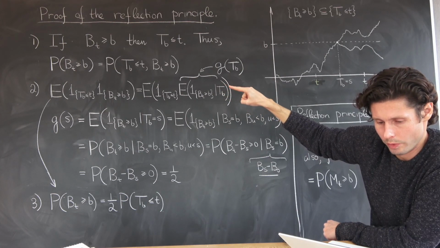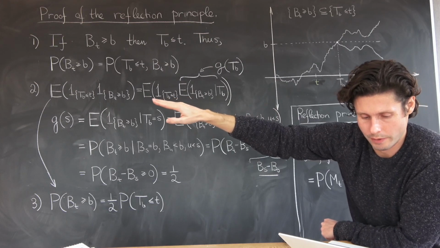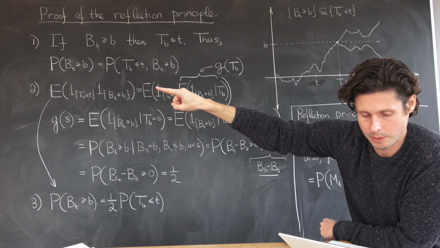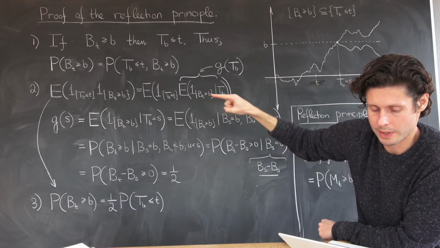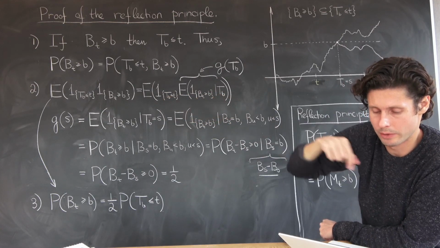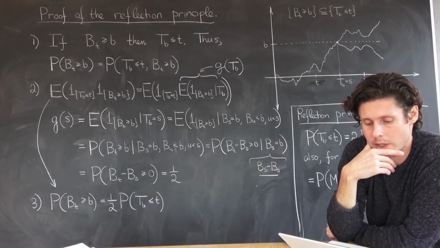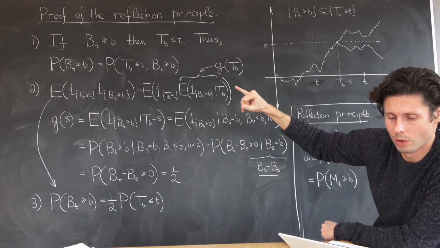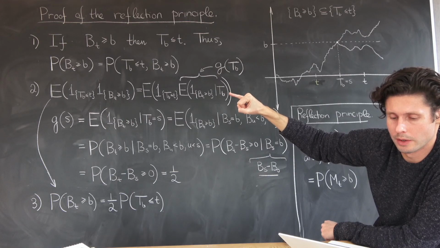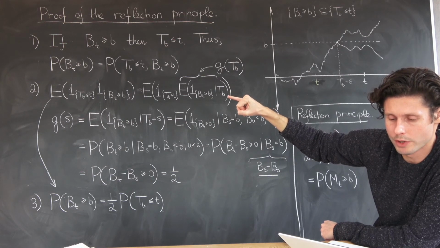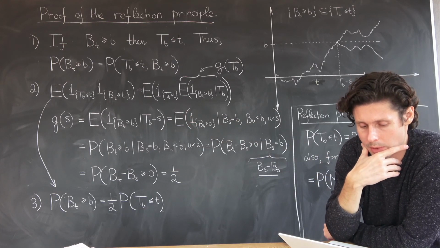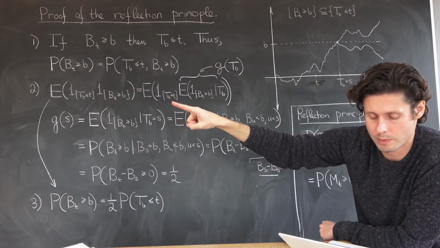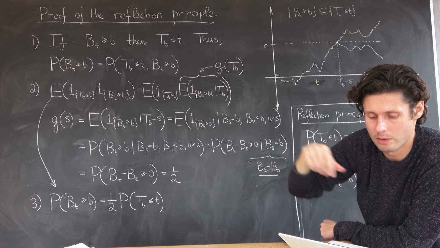And when I know the first hitting time, in the first part of applying this, the expectation would have included both of these indicators, and this one was taken out of the expectation because it is known. If I know the time TB, if I know the first hitting time, then clearly I know the value of this indicator. If I know the value TB, then I can judge whether it's smaller than T, in which case the indicator is 1.